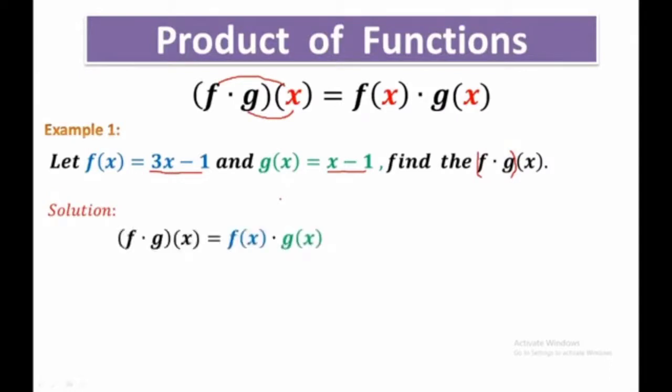Our solution, we have f times g of x is equivalent to f of x times g of x. So sa product, we need to multiply. So replace the value of f of x and g of x. Our f of x is equivalent to 3x minus 1. Then multiply. Okay, copy the operation. Multiplied by x minus 1. Okay, this is our g of x.